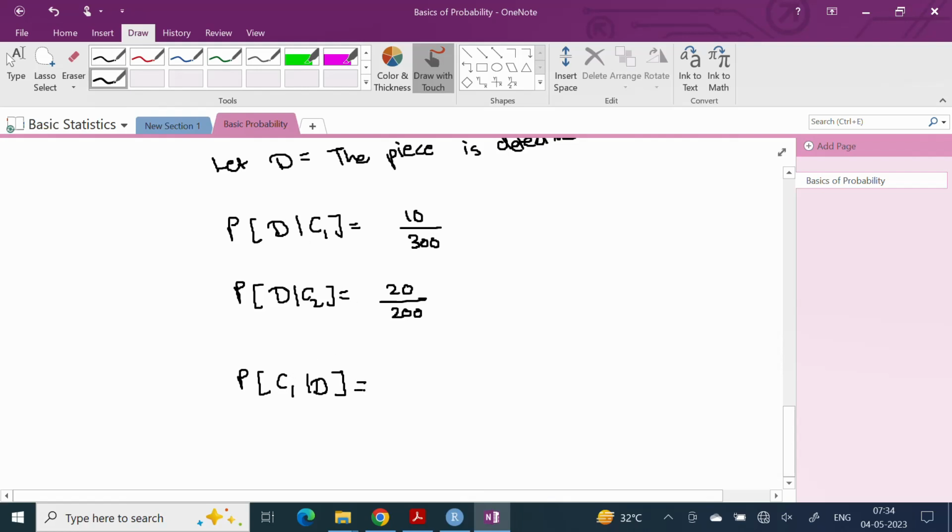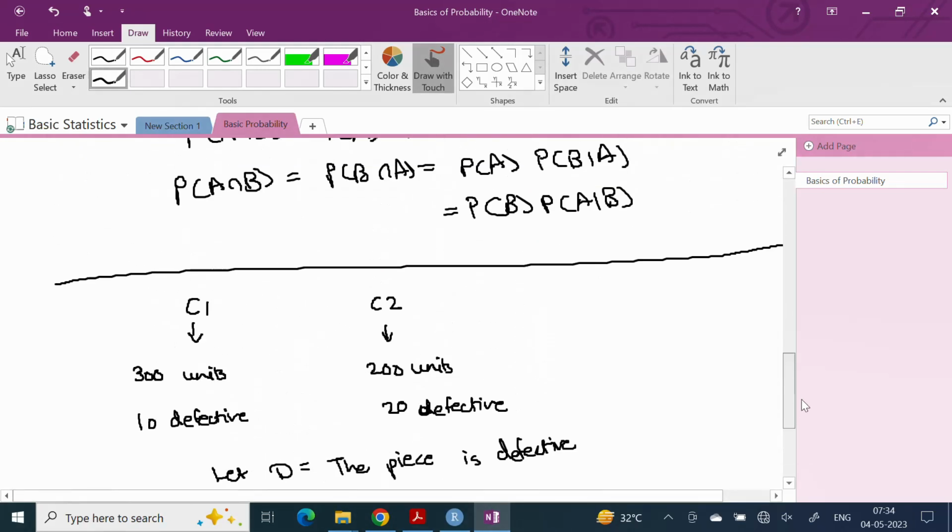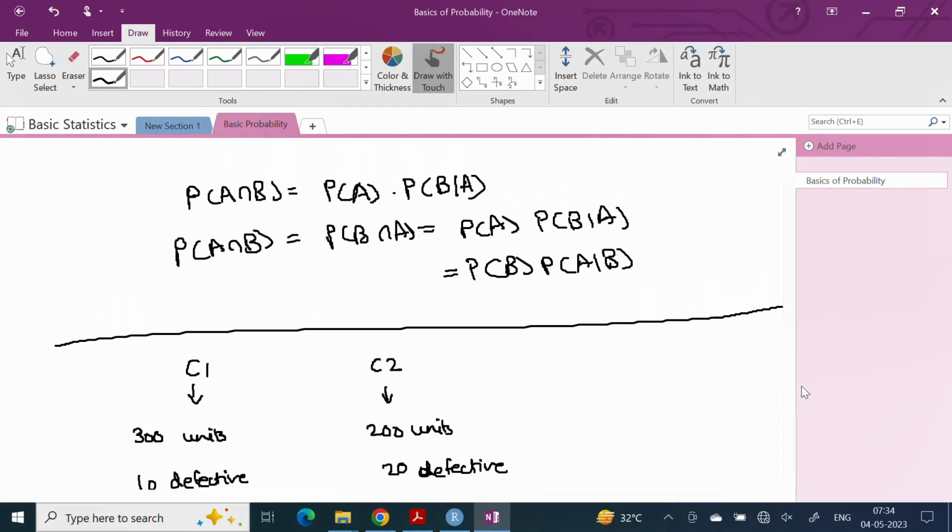But we just saw the formula, we will use that. So probability of C1 given D, let me go back to the formula that we are going to use. See here. We saw that probability of A intersection B or B intersection A is the same as A into B given A or B into A given B. So I would use this part of the equality. Okay. So I have this.